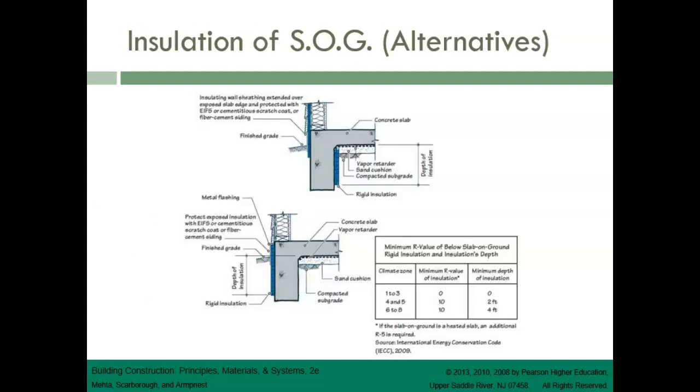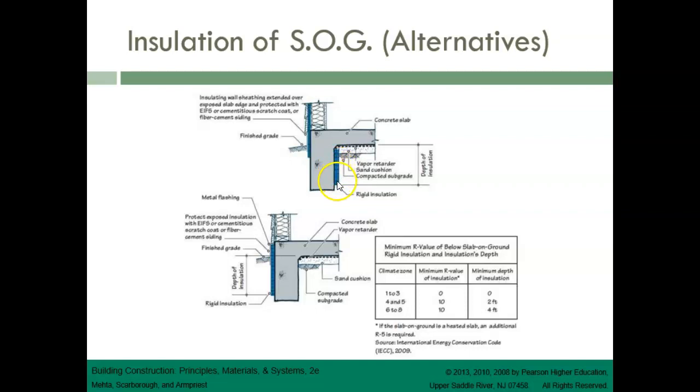So there are a couple of alternatives for insulating a slab on grade foundation. If I put continuous insulation on the outside of the wall, which is a good thing, that insulation would need to extend down below the finished grade, and then on the inside face of the frost wall, we would use rigid insulation on that face, and that's often used to form up the inside face of that foundation.